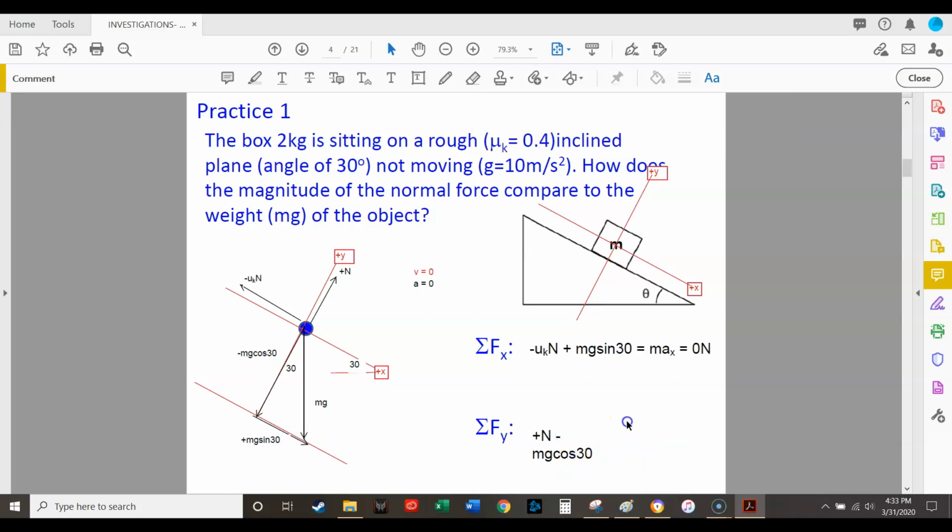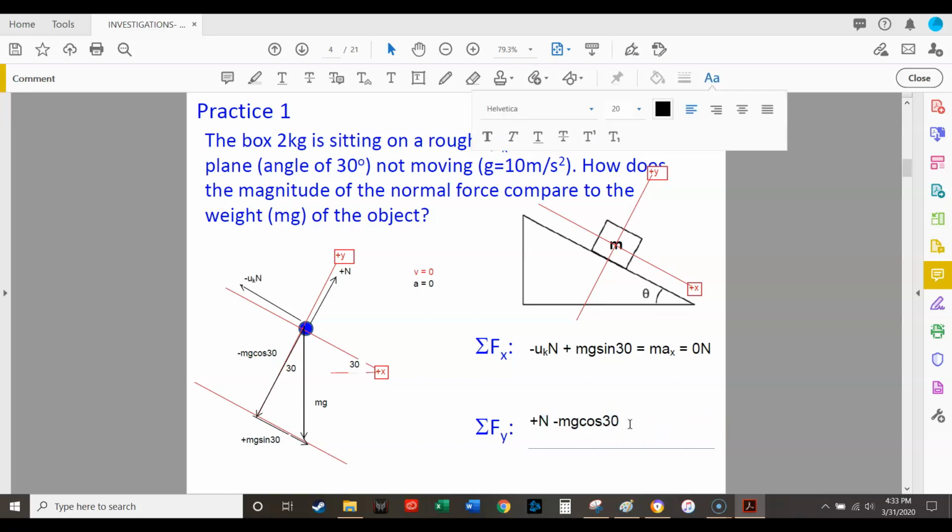And since I've only got those two forces acting on it, that is equal to mass times the acceleration in the y direction.